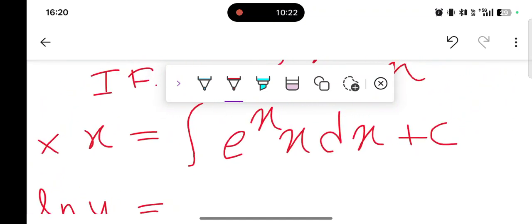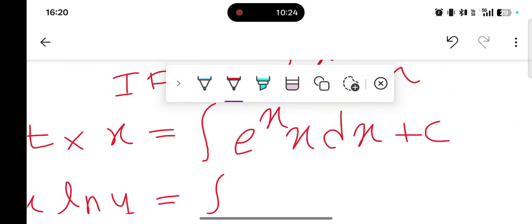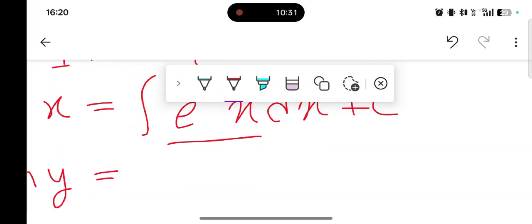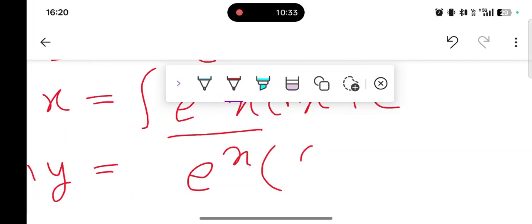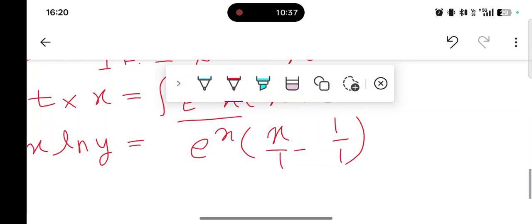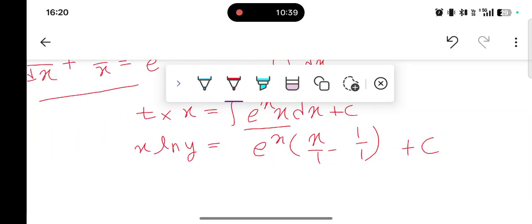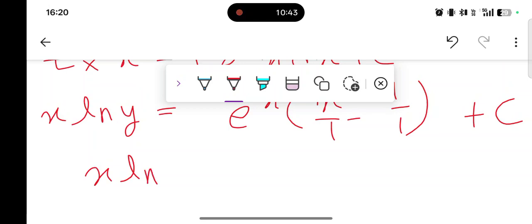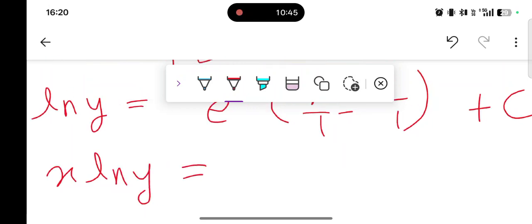Now basically this is integration. This is e to the power x into x, so you have to use integration by parts. Now I am using a shortcut which is e to the power x into x by 1 minus 1 by 1. I am using the shortcut, so you can use by parts, but I am not using it because I am very lazy.